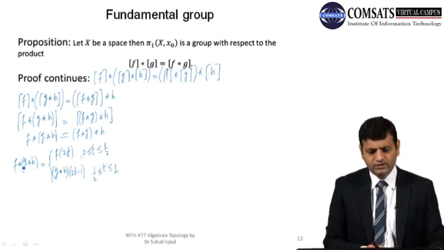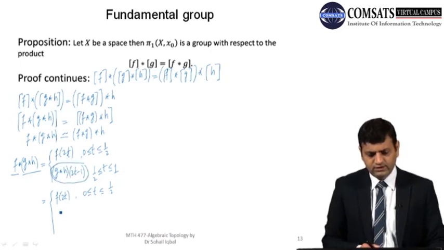So we just use the condition on these two functions, and now we can further write it down as f of 2t, where t varies from 0 to 1/2, and we can further apply the definition of star on this function.